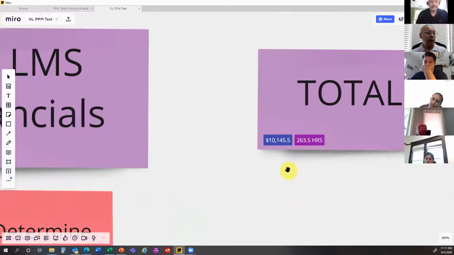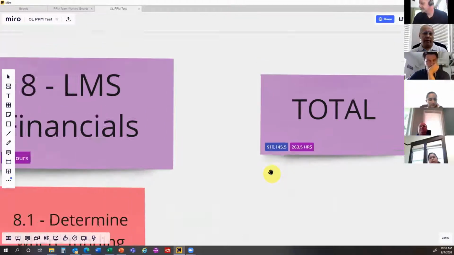That gives us multiple things from a financial perspective. It gives us the project, based on how we broke down and identified the tasks and the resources. It tells us how many hours and dollars.